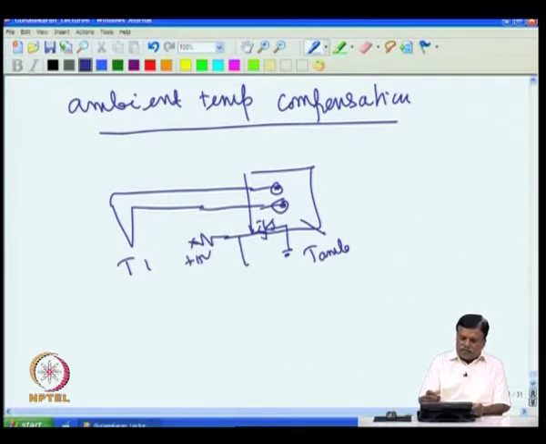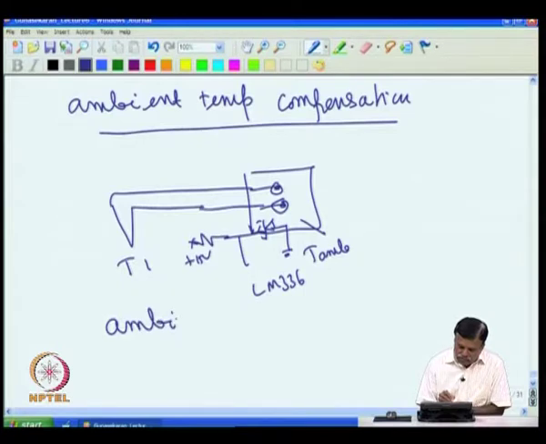Earlier we have discussed LM335. So, I can use, for example, LM336 to measure the temperature of this block. If I know the temperature of this block, then there is no problem, because I know T ambient. I can find out from this output voltage what is the temperature of this. So, all that is needed is that ambient temperature must be measured.